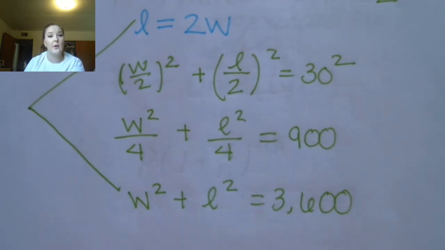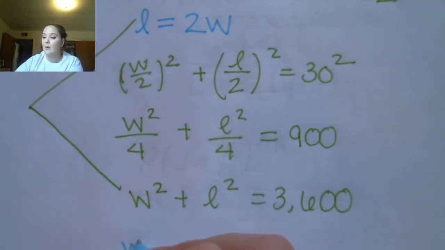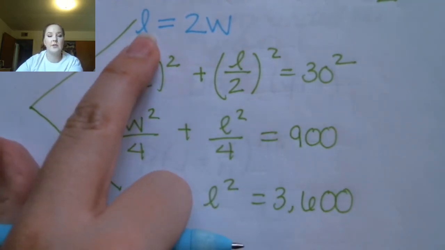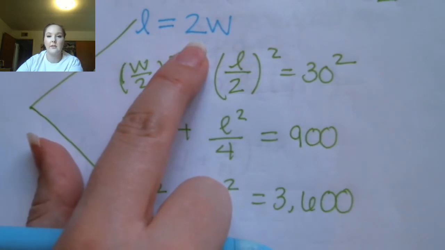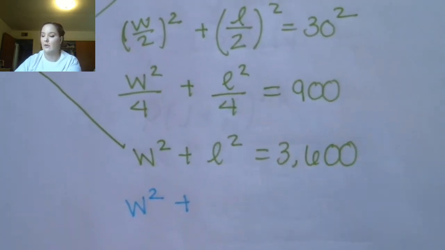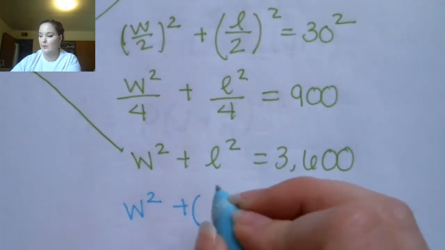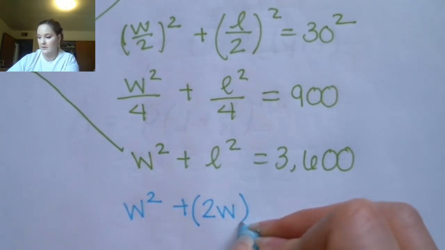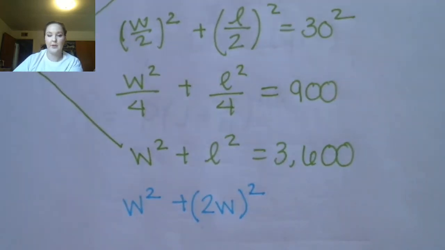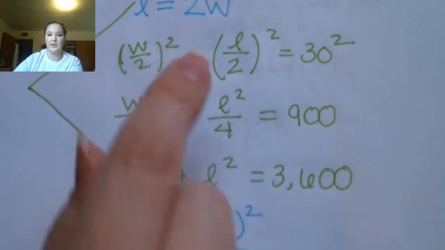So I'm going to use a method from chapter 2 and substitute for L this expression 2W. In here, where I would normally have L, I'm going to plug in 2W from this equation.